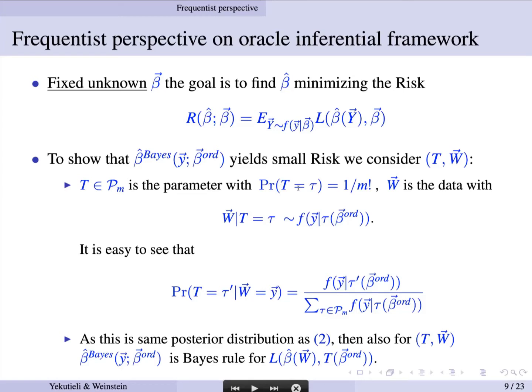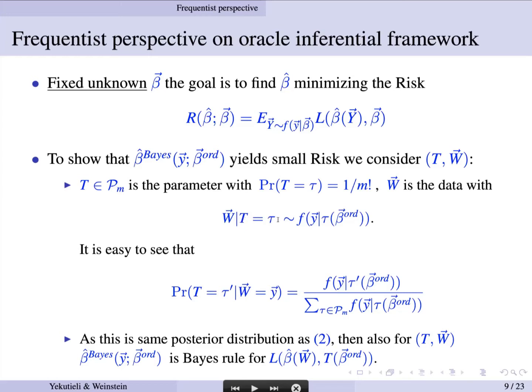So what is the probability that T is equal to each of these taus? It's 1 over m factorial. W is, in this case, the data. And what is the conditional distribution of W vector given that T is tau?